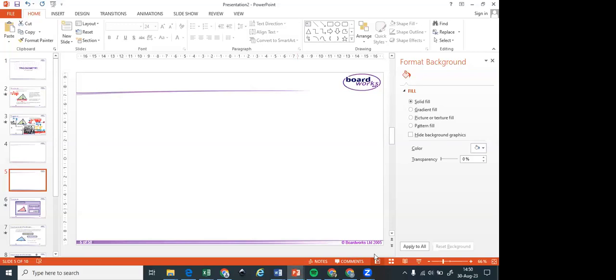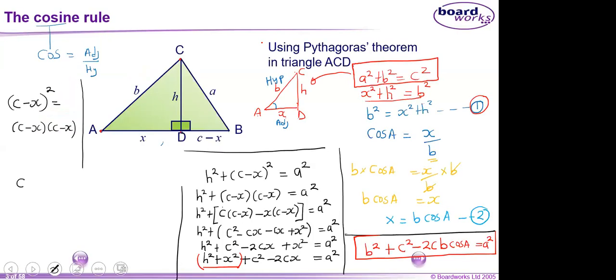I want us to draw the generalization. Now, when you look at my screen, I want everyone to look at the answer we have obtained. This was our triangle. This was A, and we call this one A. This was B, we call this B. This was C, and we call this C.